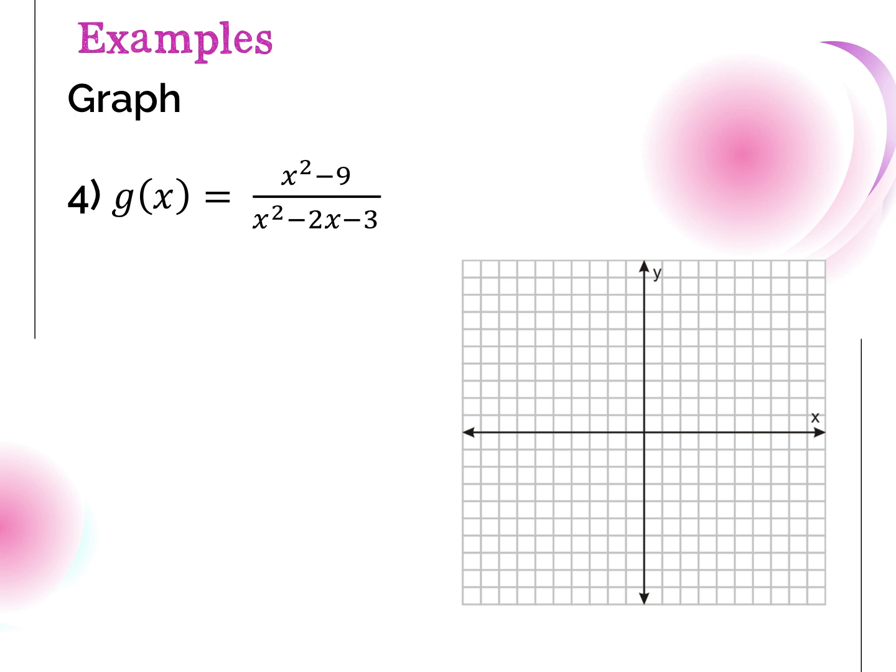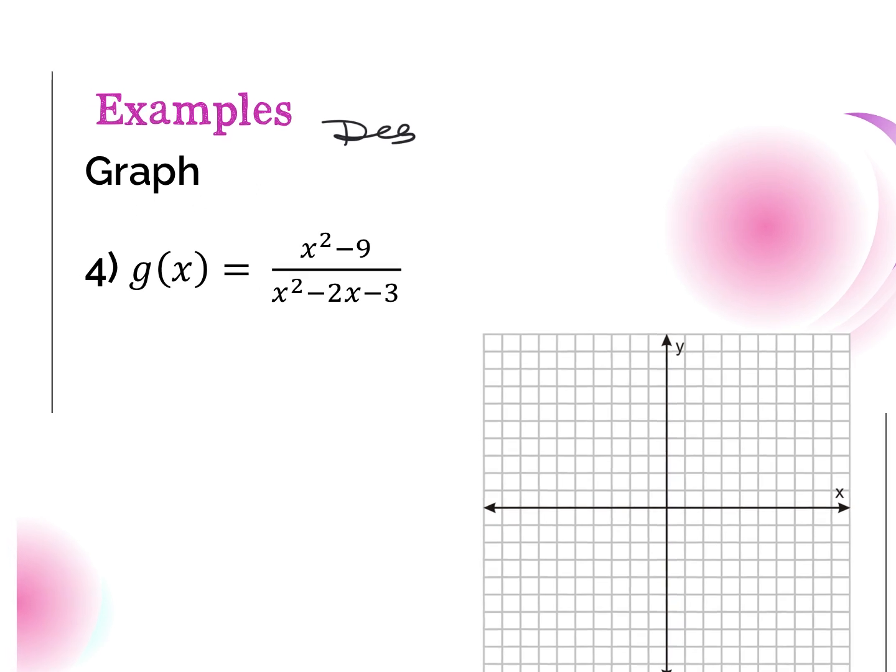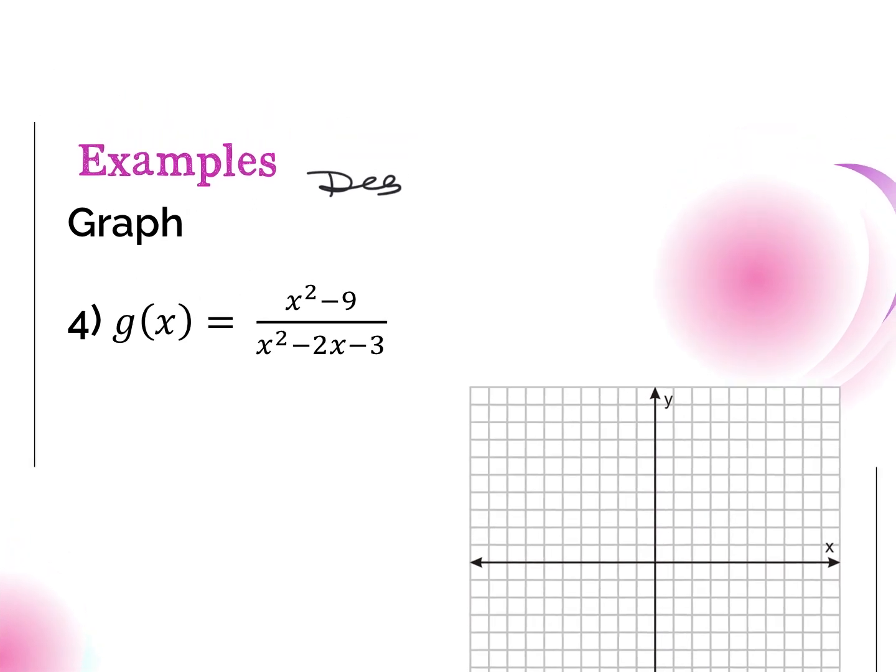And remember, to do that, we look at the degrees of both the numerator and the denominator. So just to recap, if you have x to the m over x to the n, when n and m are equal, the horizontal asymptote is just y equals the leading coefficient.